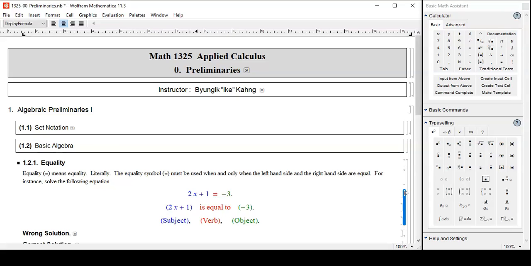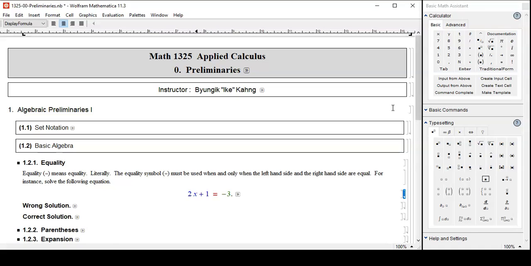If you misuse equality, it's kind of like you're doing English composition and misuse the verbs. Grammatically wrong. If you skip equality, then it's kind of like trying to communicate without verbs. Me, Tarzan. You, Jane. That's about it. You cannot engage in any kind of sophisticated conversation like that. Without the verb, it's impossible.